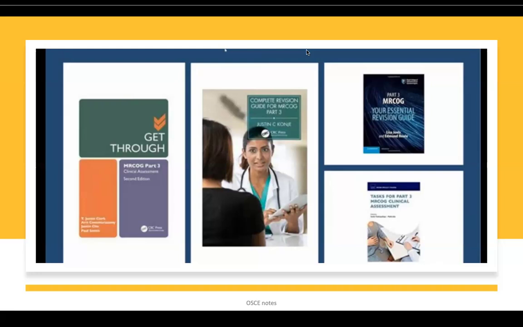The next useful book to practice is the Oxford book. The Oxford book is a very important book for practice, while it's divided module-wise. So in your study, let's say you have the module of early pregnancy. After you have the module, practice the cases of the early pregnancy module from the Oxford book.